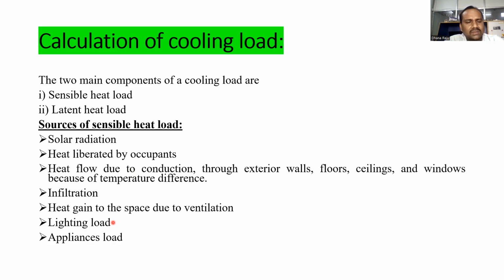All the lights consume electrical energy and release light and heat, so they add sensible heat. And we are using a number of electrical appliances, like generators, TVs, and refrigerators. All the electrical appliances release heat as a result of consumption of electricity. So these are the major sources of sensible heat in the space.